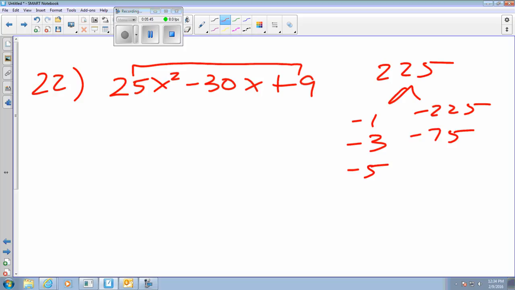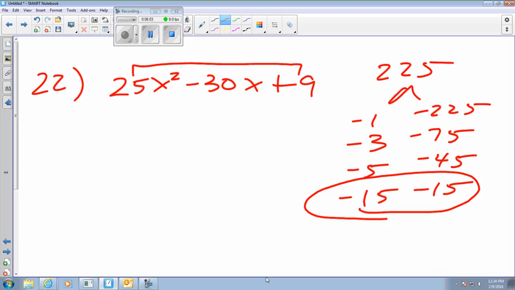Negative 5 and negative 45. Negative 15 and negative 15. Well, I'm going to go with negative 15 and negative 15. Good thing I had my calculator. That's a big number. So now I'm going to split my middle term into negative 15x and negative 15x.